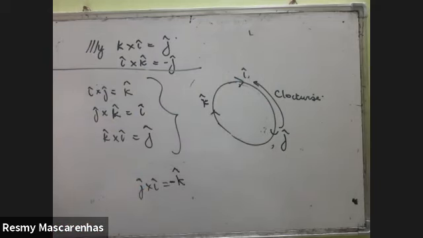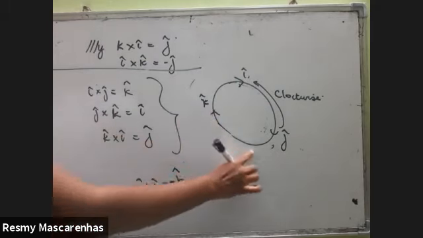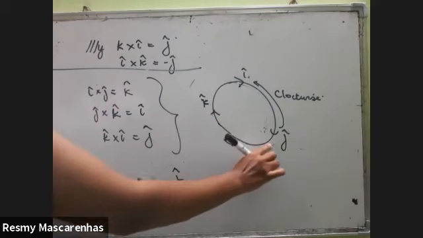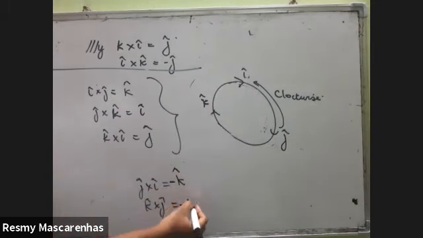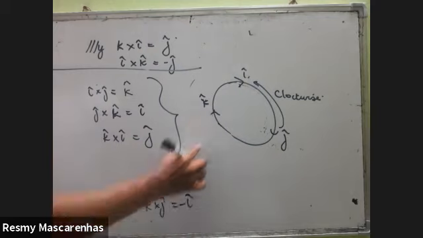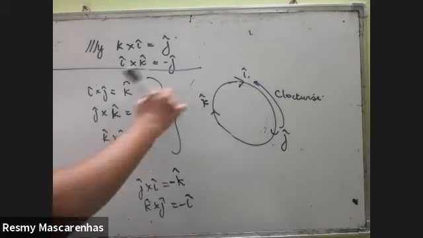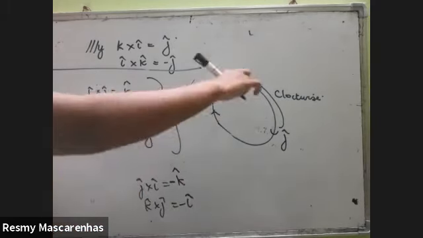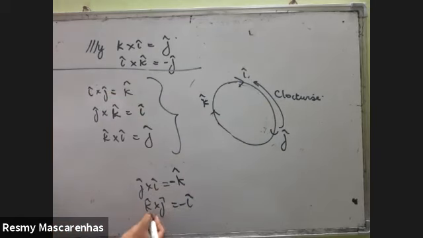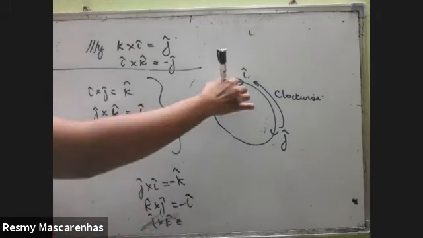So same way it will be for k to j. From k to j, I'm coming ulta, so that will be minus. All three letters have to be different, and then plus or minus is decided by whether I'm going clockwise. If I'm going clockwise, it will be plus. If I'm going anti-clockwise, it will be minus. Sorry, i cross k: from i to k, I'm coming ulta.